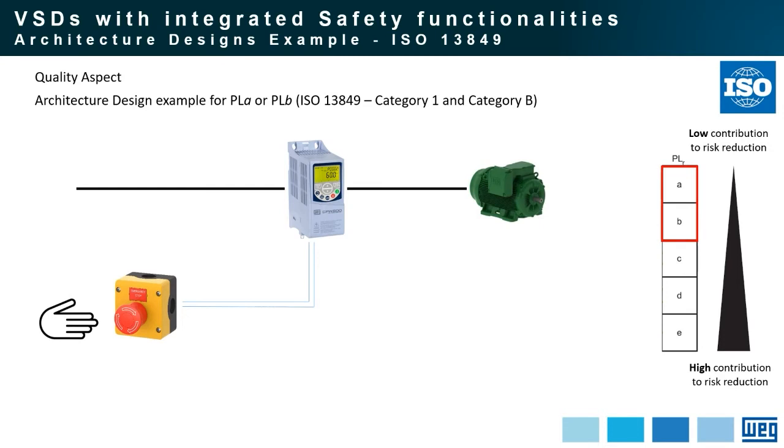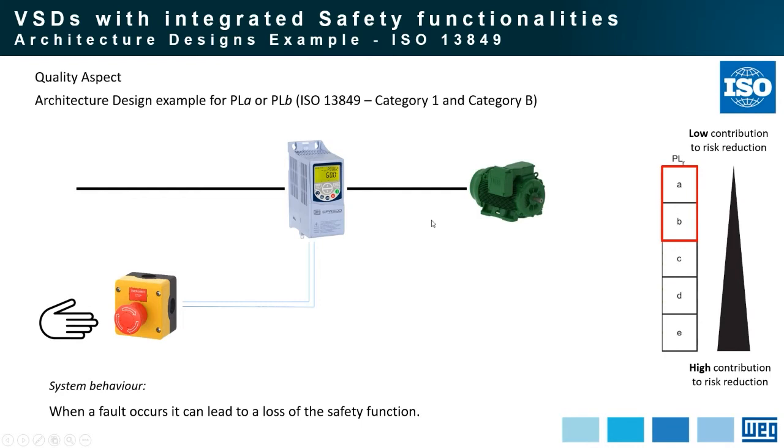To comply with performance level A or B, the system must have this behavior here, that says that when a fault occurs, it can lead to a loss of the system function. So this system here looks very safe, okay, because there is a connection from the emergency push button to the variable speed drive, and the variable speed drive has also the digital input with an emergency status or emergency function that will stop the motor safely.